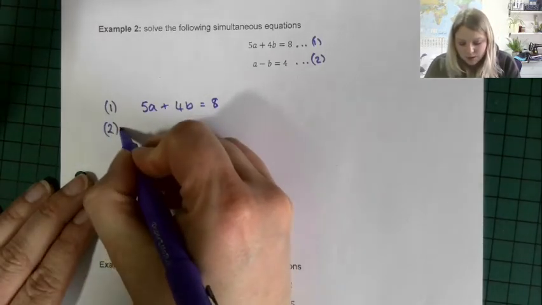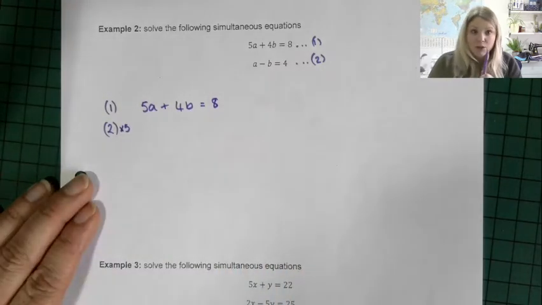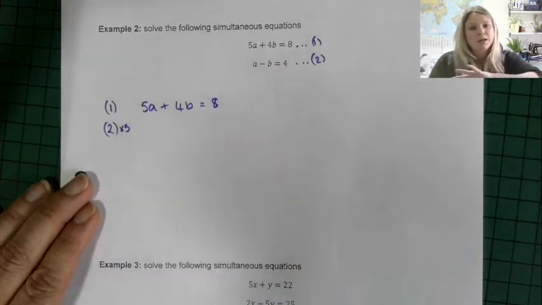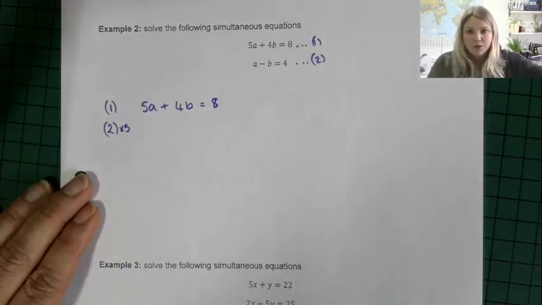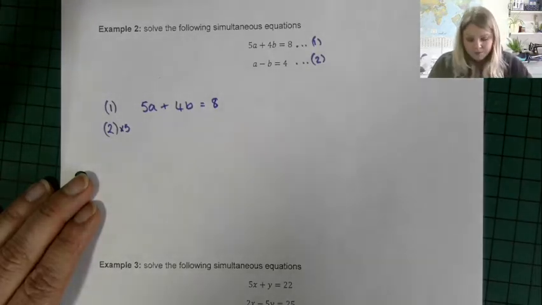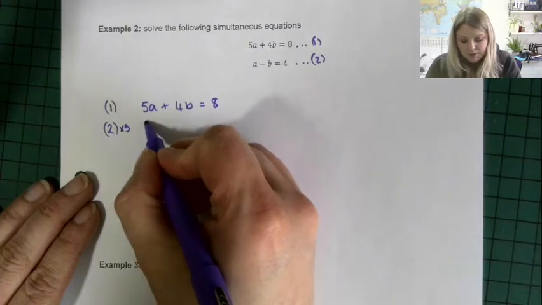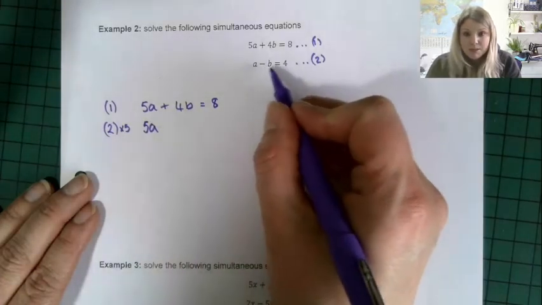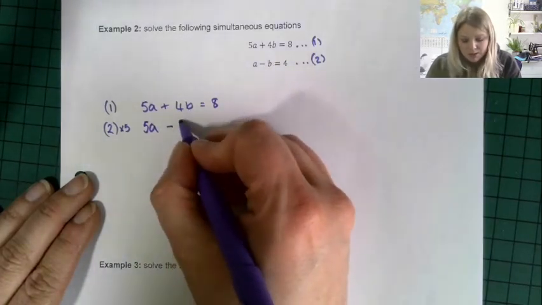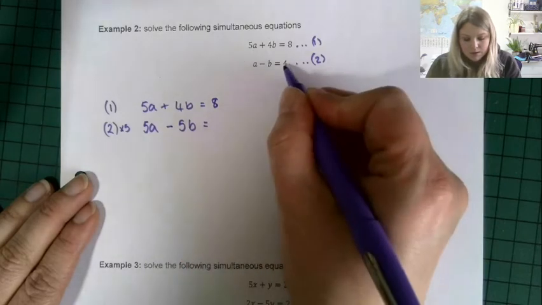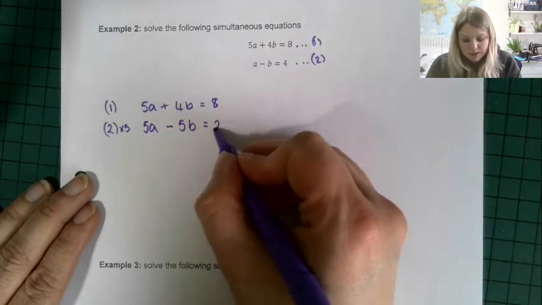So equation 2 multiplied by 5. Now, remember to multiply through the whole thing by 5, not just part of it, not just the left hand side, not just the a's, the whole thing. So a multiplied by 5 gives me 5a, minus b multiplied by 5 gives me minus 5b, equals 4 multiplied by 5 gives me 20.